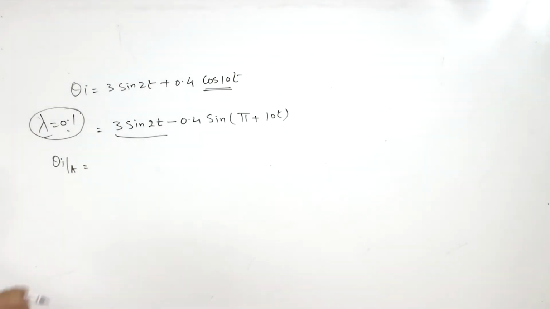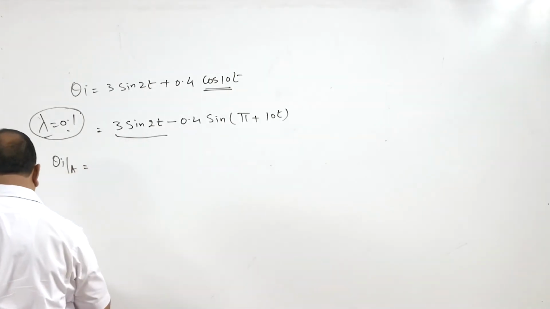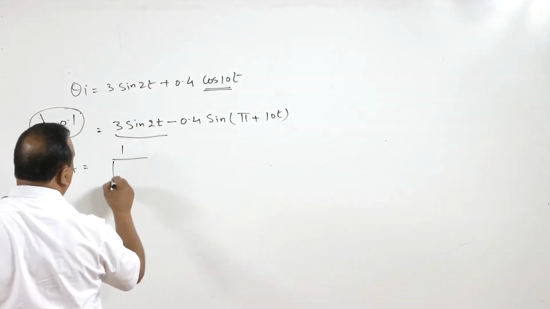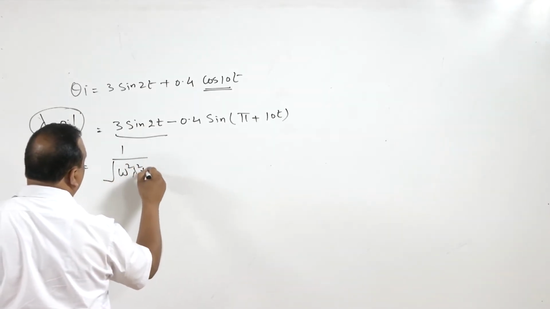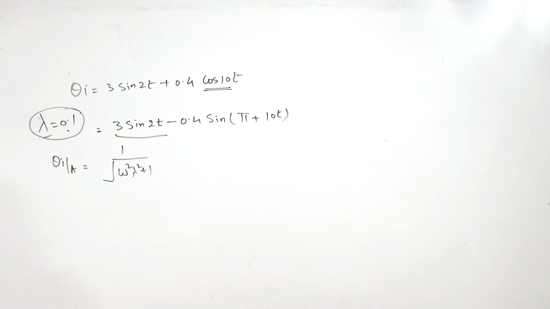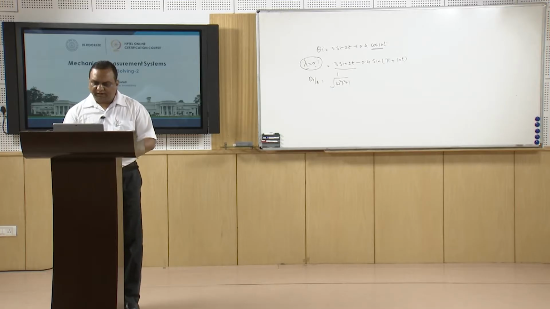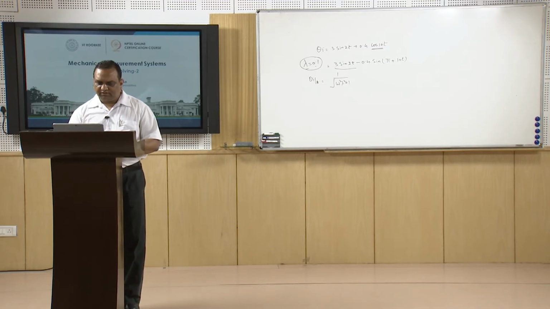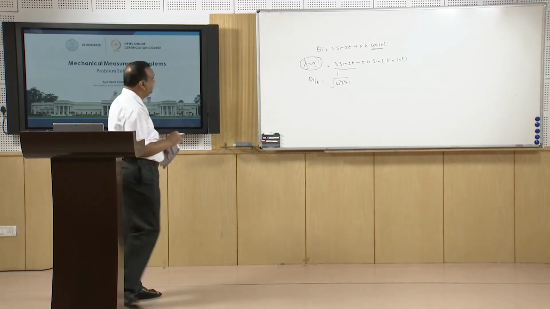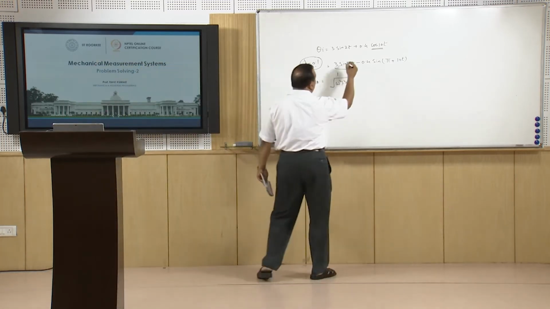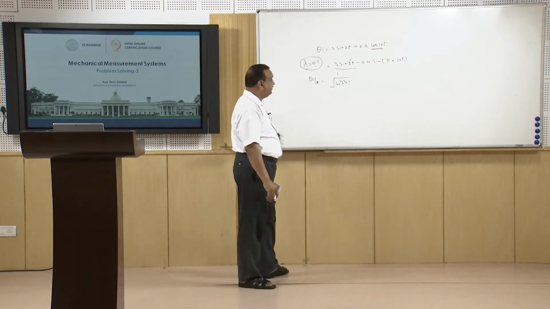Now for this component, the amplitude ratio is 1 by under root omega square lambda square plus 1, right? And in this case, omega is 2.